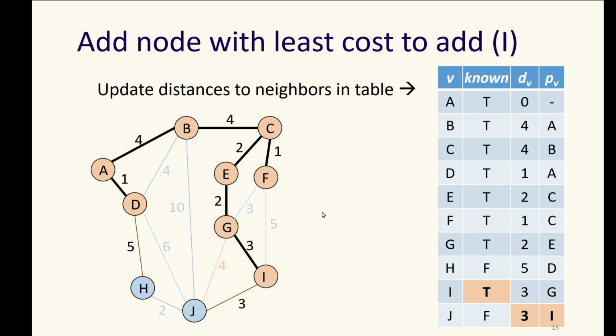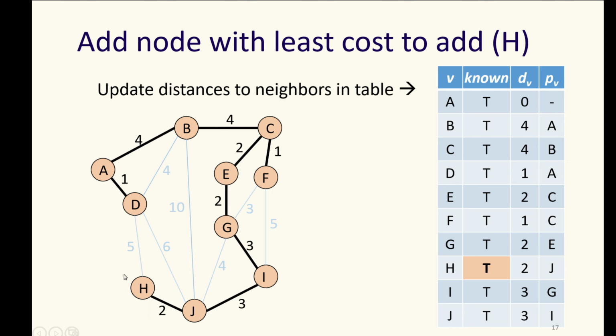And then we explore I to see if there's any better connections there. There was to J. It's a shorter connection there. And we explore J. We see that it has a shorter connection to H than H had to D, so we update that.